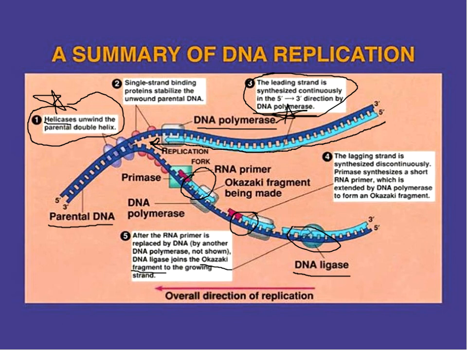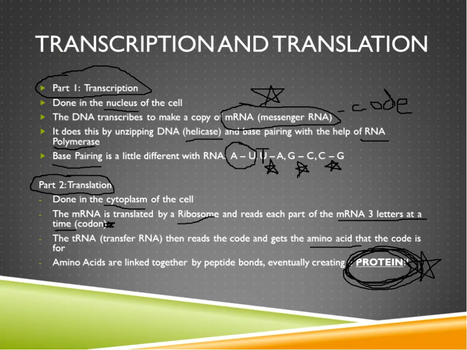Polymerase base pairs everything. If it's in one strand, it's leading. If it's in pieces, called Okazaki fragments, that's on the lagging strand. And then ligase is the glue that glues the pieces together. So that's all you need to know for replication.